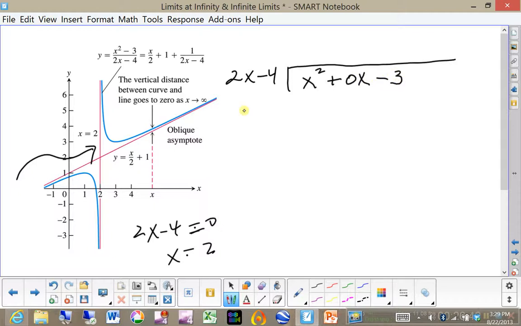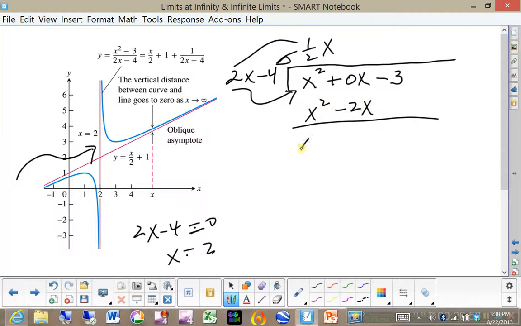Now you do the long division: divide 2x into x squared, and you get 1/2 x. Multiply 1/2 x times both terms, and you get x squared minus 2x. Now subtract, and for the first term, x squared minus x squared is 0, and then 0x minus minus 2x equals 2x.